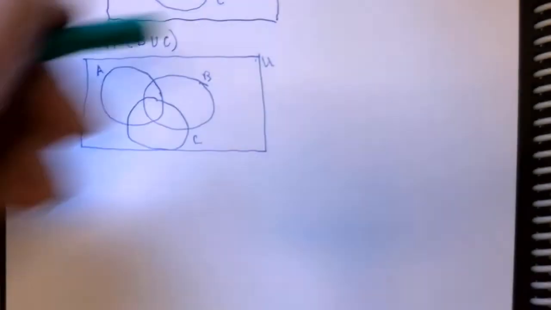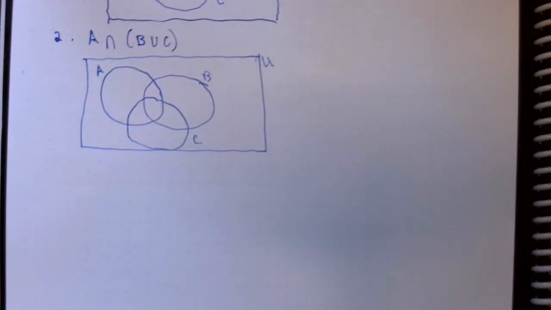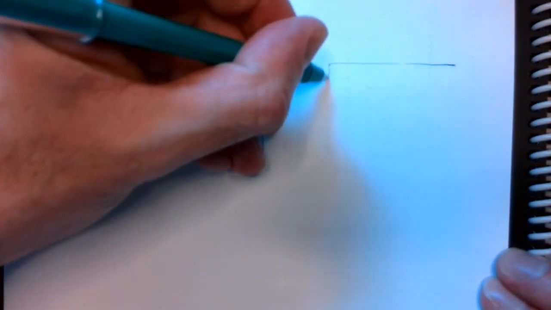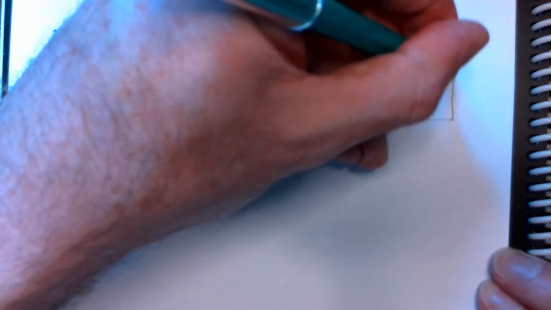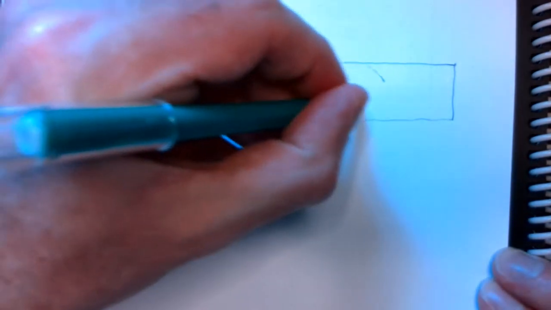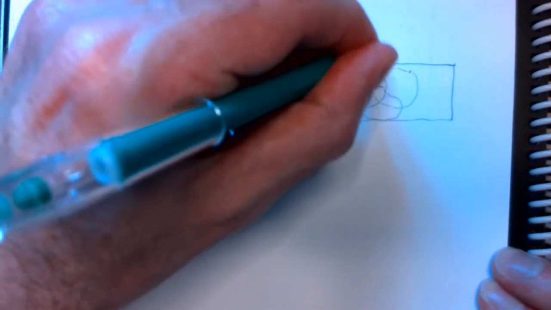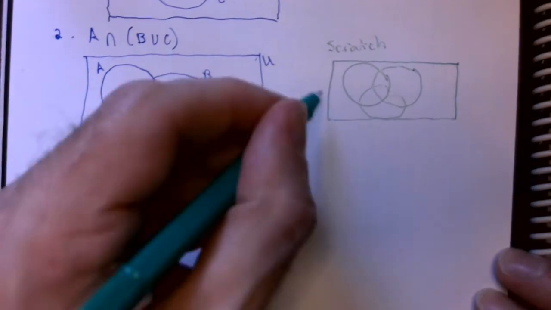As before, I'm going to do a little bit of scratch work here. Remember, the parentheses tell us what to do first. So I'm going to draw that Venn diagram first. This is for scratch work.